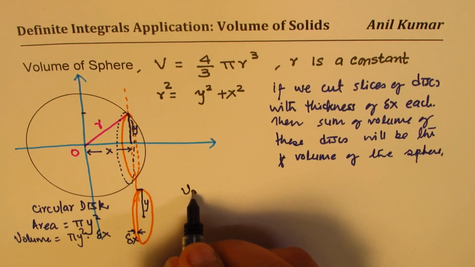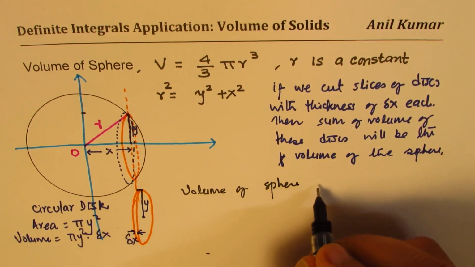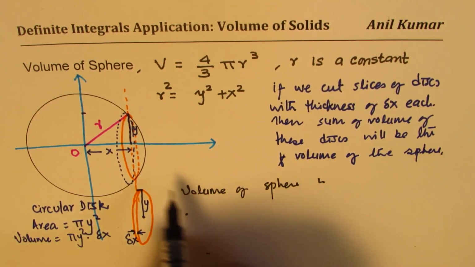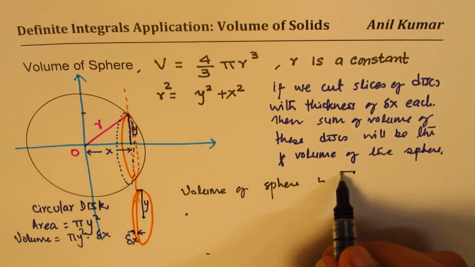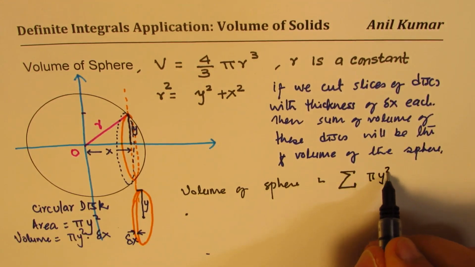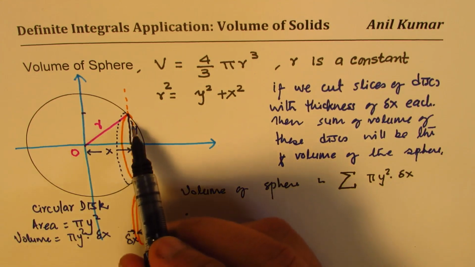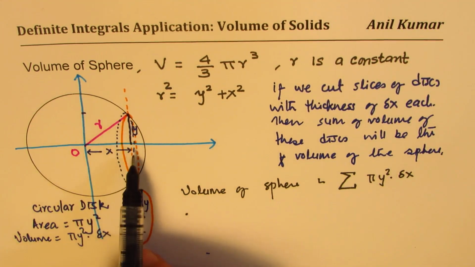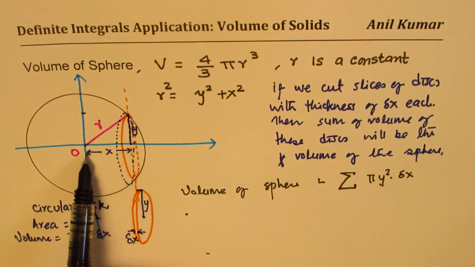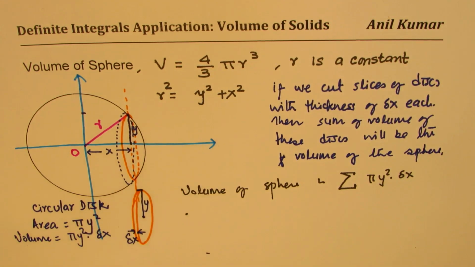So we can say that the volume of the sphere is, we can write the sum as sigma notation, right? This is the sum of the volume of each disk. So each disk is pi y square delta x, where the value of y actually changes with the value of x as we move along it. So we can find what this y is.